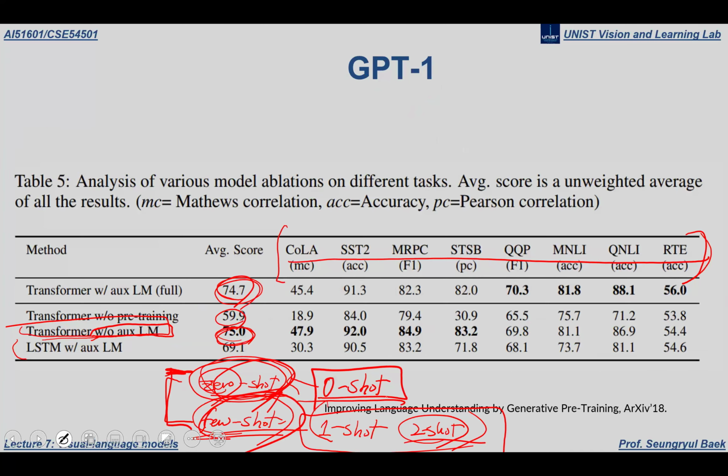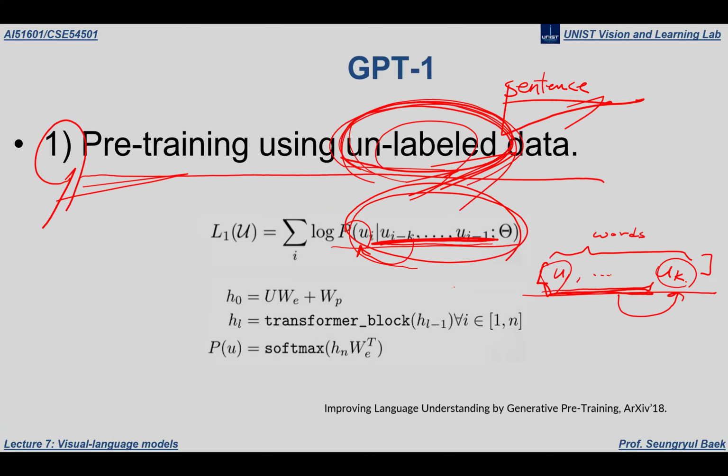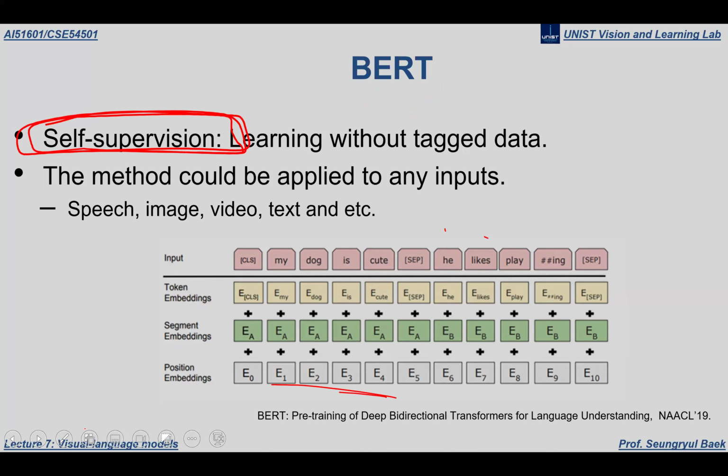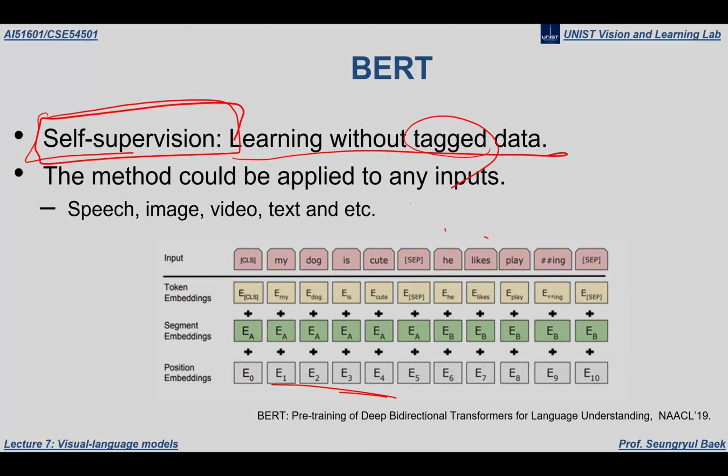These types of things are normally called self-supervision because we do not have to generate labels, but we can still apply supervised learning. We call that self-supervised learning: learning without labeled data, but still applying supervision using some inherent property of the data.